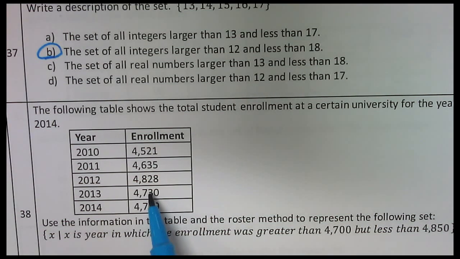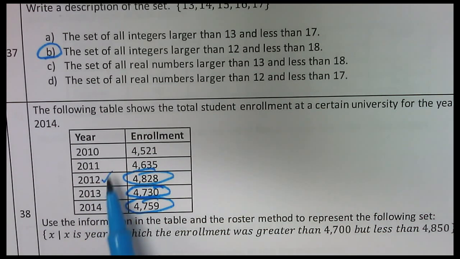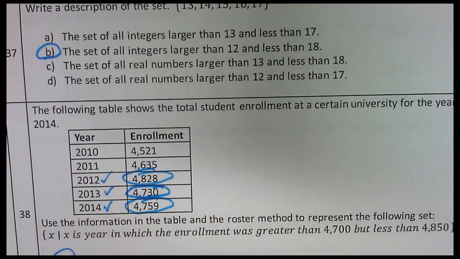Greater than 4,700 and less than 4,850: 4,730, 4,759, and 4,828. The years that match up to those are 2012, 2013, 2014. So that's the set I am looking for, which happens to be choice A.